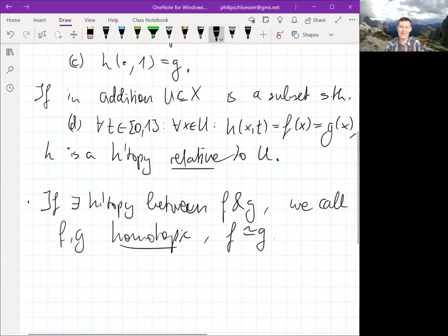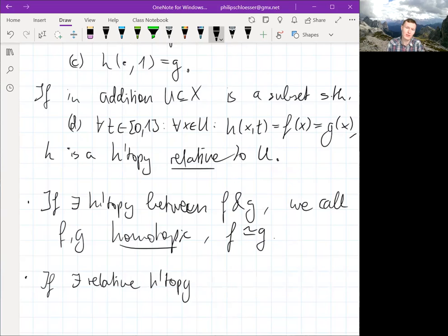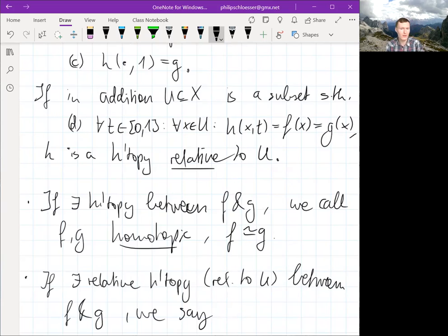And if they are even homotopic relative to some set, if there is a relative homotopy relative to U between f and g, we say that they are homotopic relative to U.